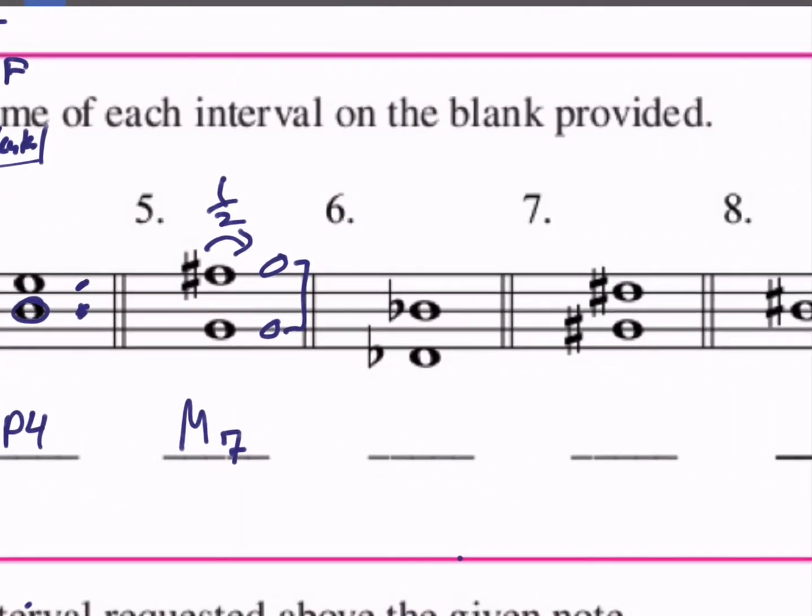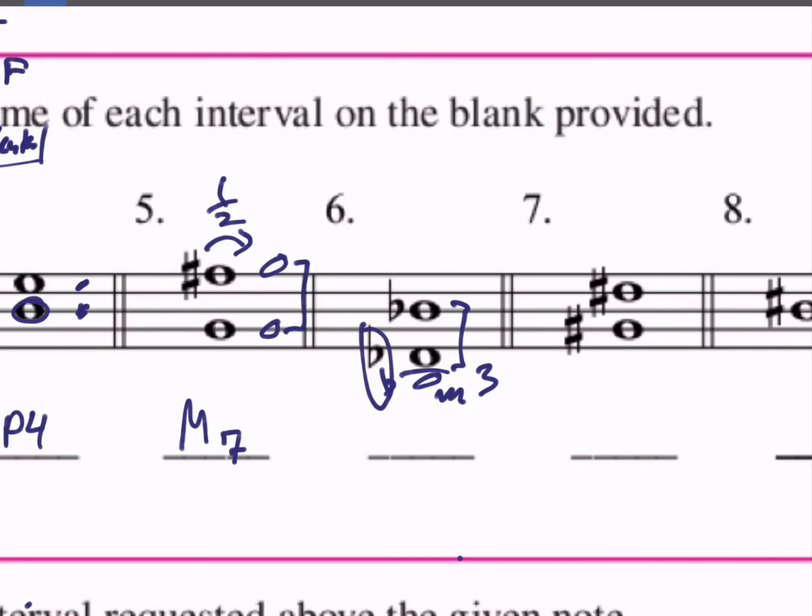This one here, I see that there's D to B. Okay, I'm just going to flip it around for a moment, put that B underneath. So if I had B to D, that would be a minor third. So would B flat to D flat, just because it has the same accidental.